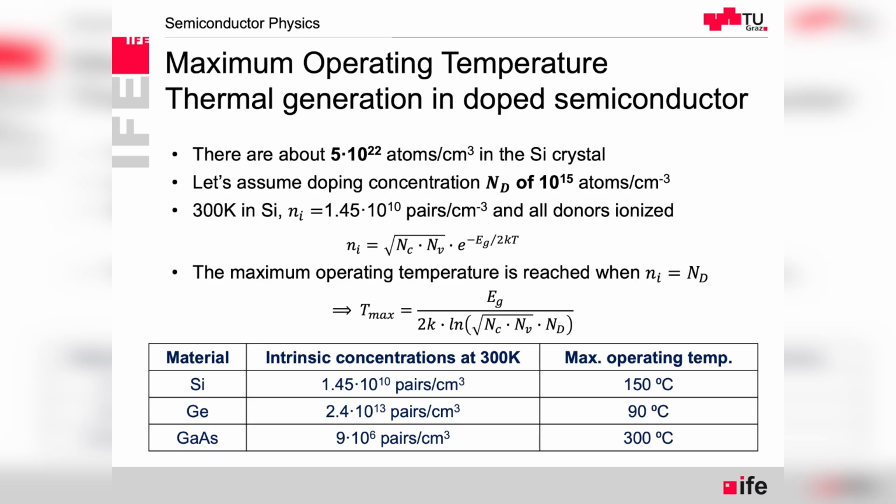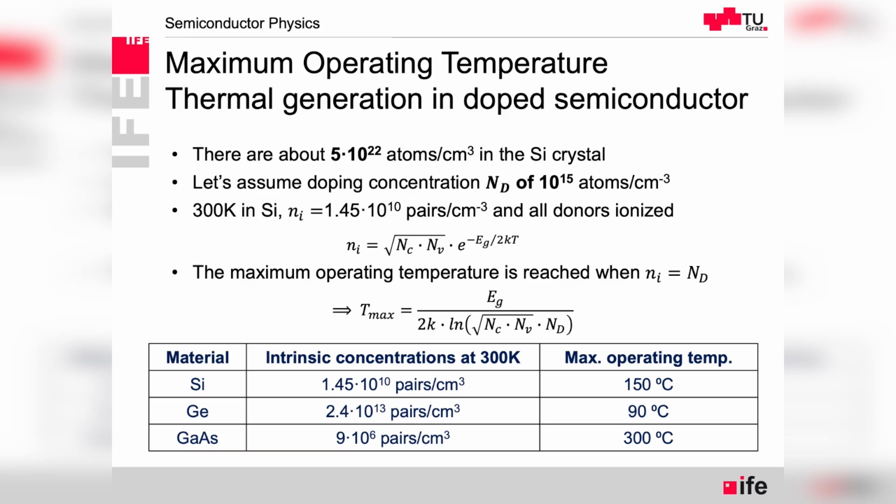So we start with the expression that you use to calculate the intrinsic charge carrier concentration. And what is hidden there is the density of states for electrons and holes. We have the energy band gap and the temperature.